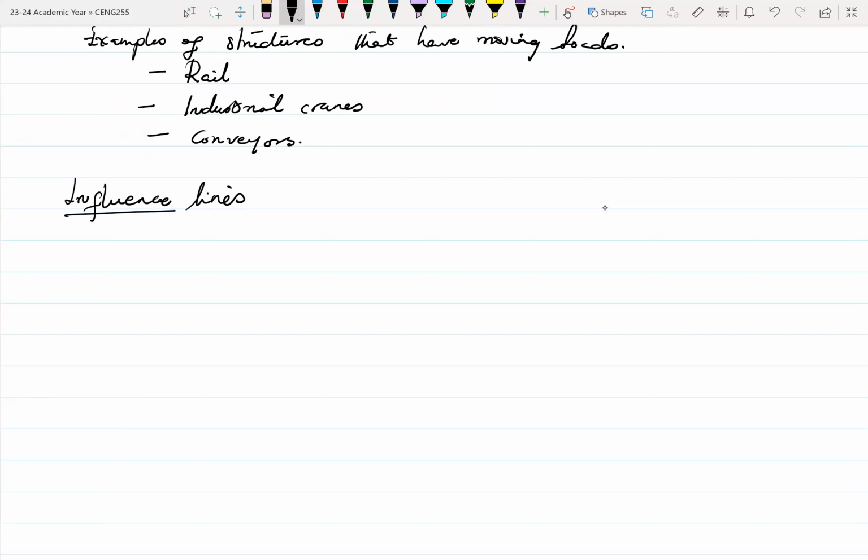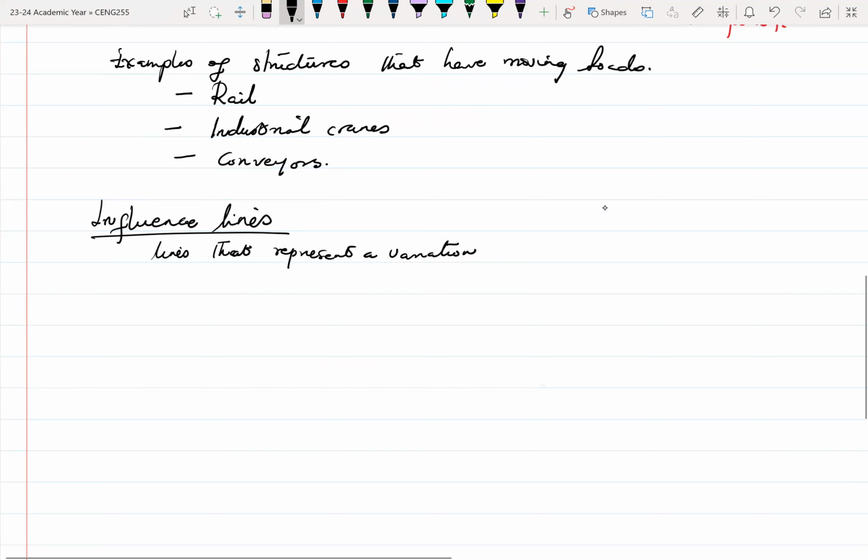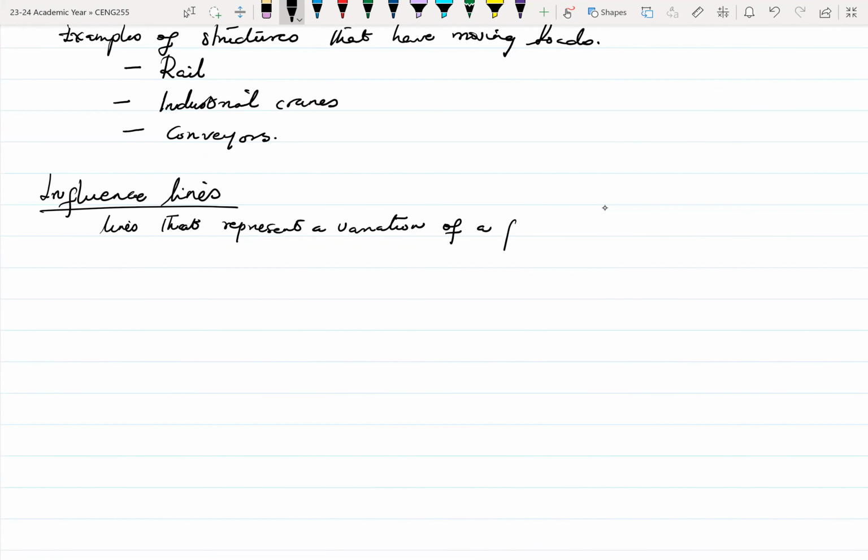So influence lines are pretty much lines which represent a variation of a function at a specific point. So that's a key word, specific point.